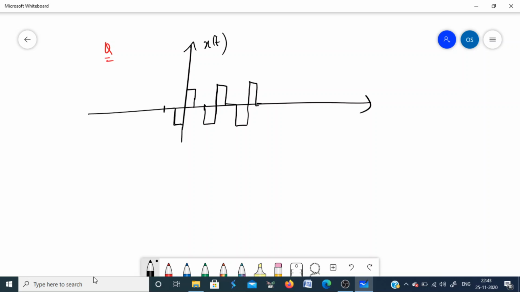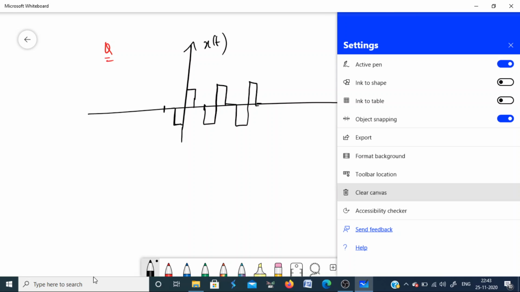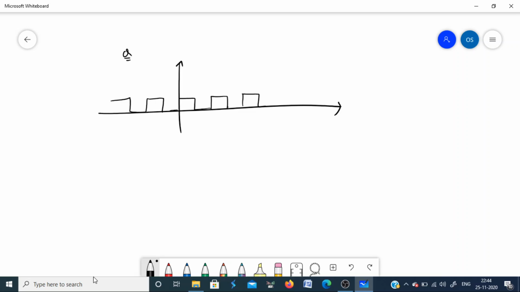This is a signal x(t) which is given to you, which is a periodic signal, of course.